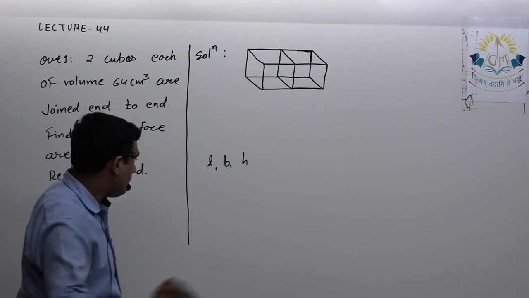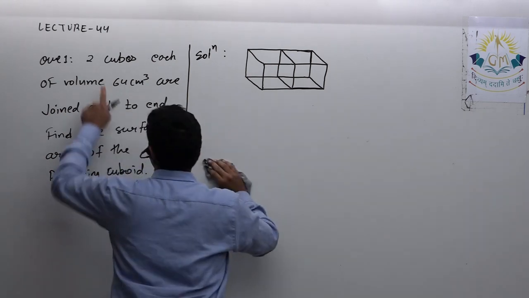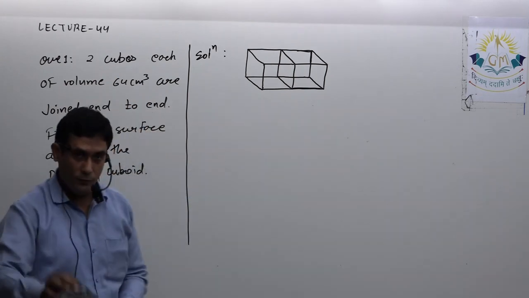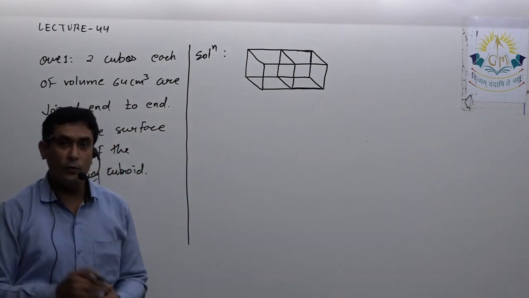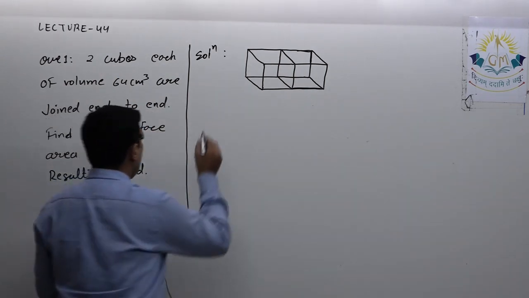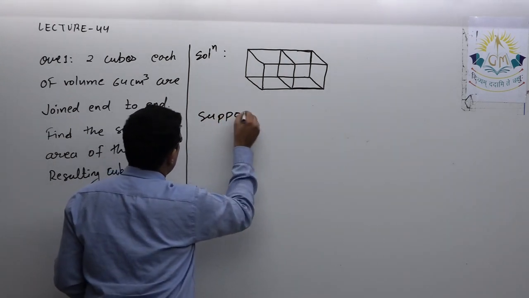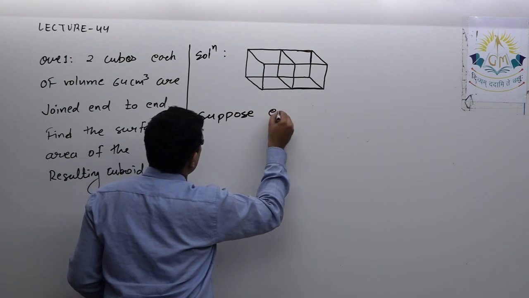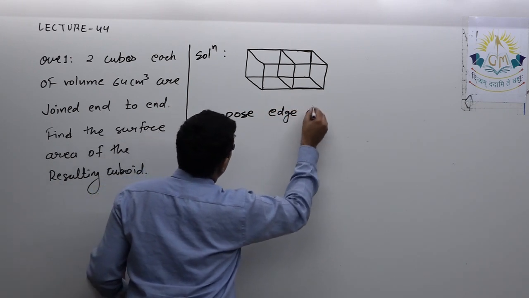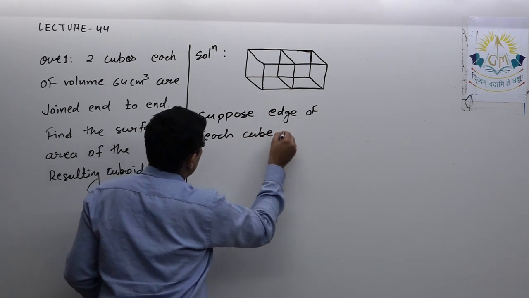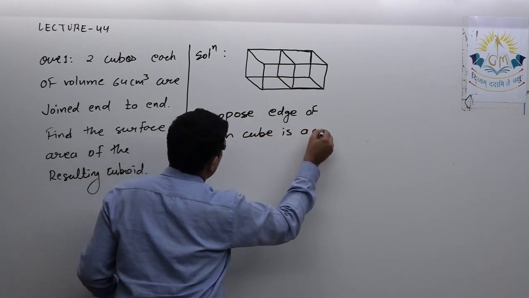Now, here two cubes are given. The volume of each cube is 64, and we also know the volume of a cube is a cubed. So here we will start. Suppose the edge of each cube is a centimeter.